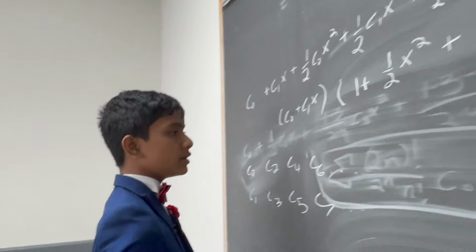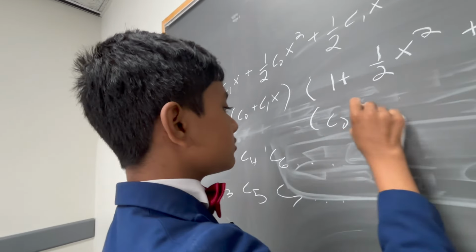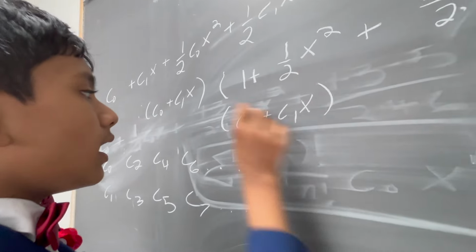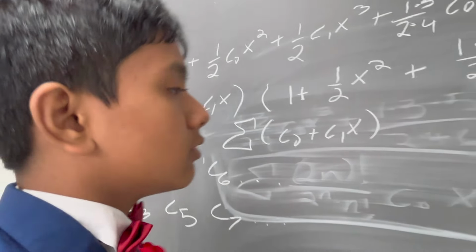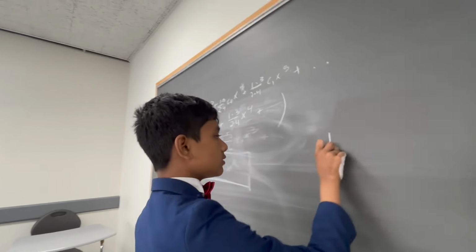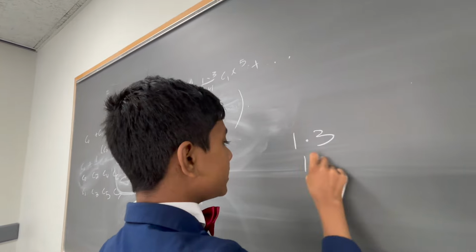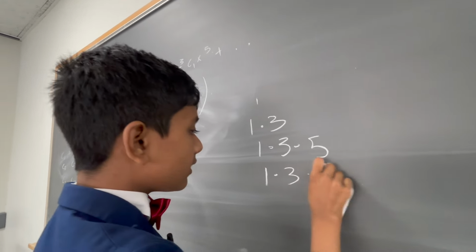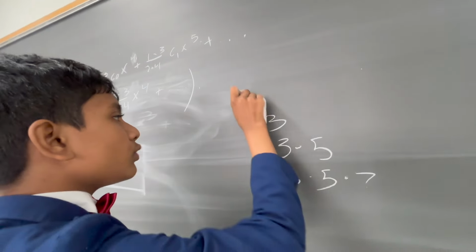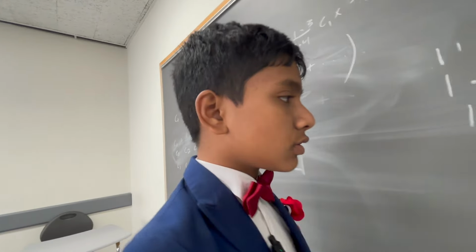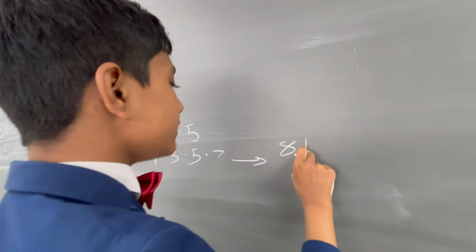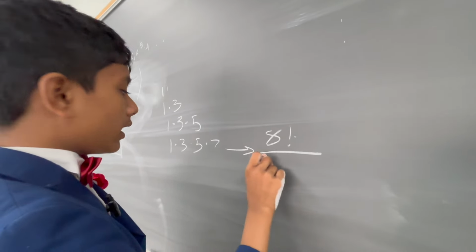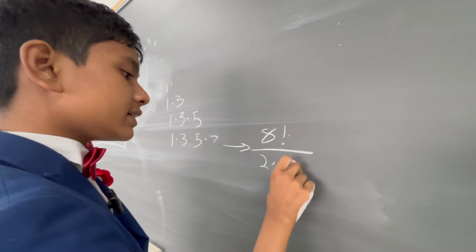So what's going on here? Well, we've just got C0 plus C1x times a specific sum, which looks very cool because 1 times 3, we've got 1 times 3 times 5, 1 times 3 times 5 times 7. These are like factorials, but missing all their even terms. So this is like 8 factorial divided by 2 times 4 times 6 times 8.